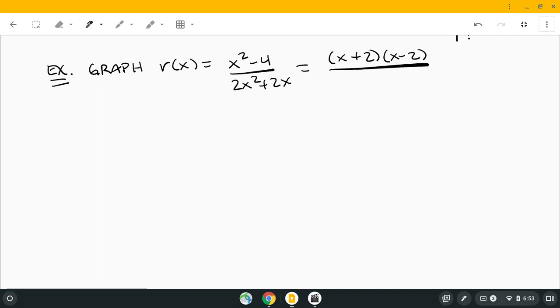Let's go ahead and graph r of x, which equals x squared minus 4 over 2x squared plus 2x. I'm going to factor it here because this one is easier to factor. That last one, I didn't want to take the time. Here they have 2x in common and x plus 1.